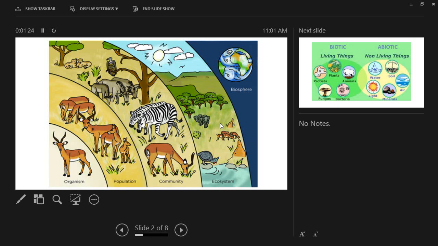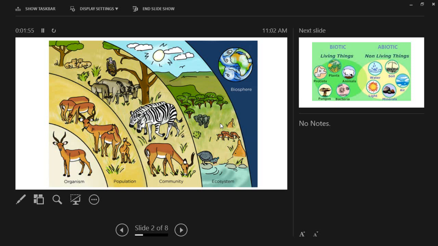And then let's say the bacteria is in a pond, and in the pond you would have fish and turtles, or whatever. You have all the turtles that make up the turtle population, all the fish that make up the fish population, all of the bacteria that make up the bacteria population. But when you put them all together, they make up a community. Does that make sense? Okay?